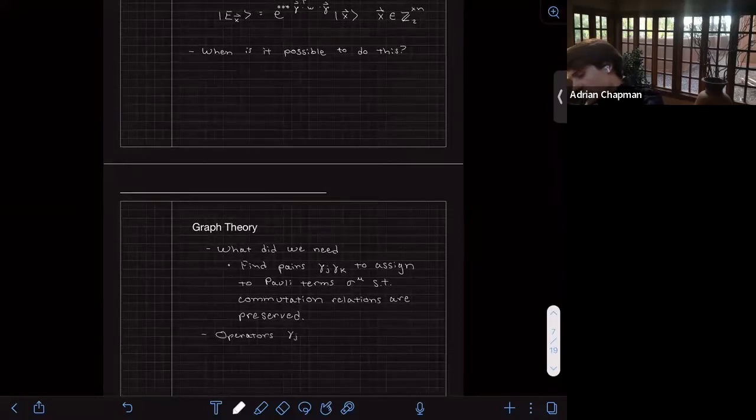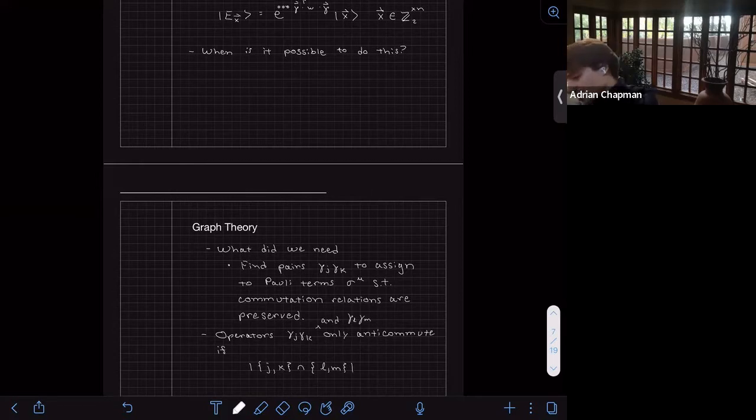Or sorry, gamma j, gamma k pairs only anti-commute if the size of the intersection of jk with, say, lm, so gamma j, gamma k, and gamma l, gamma m, is 1.